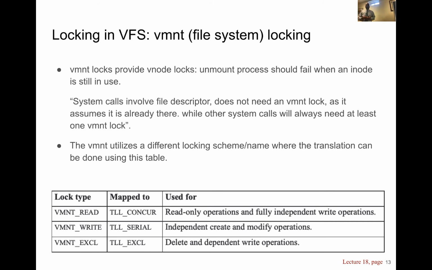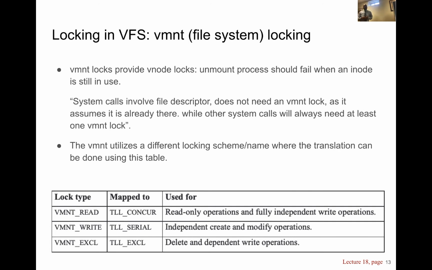Okay. And as is shown here, the way you actually do that is when you try to read, you hold a concurrent lock. That's a read lock that's mentioned as TLL_concur. So read operations are essentially allowed to proceed in a concurrent fashion.